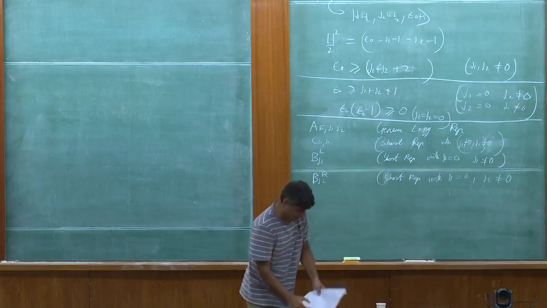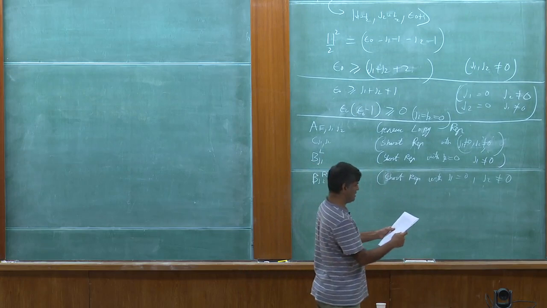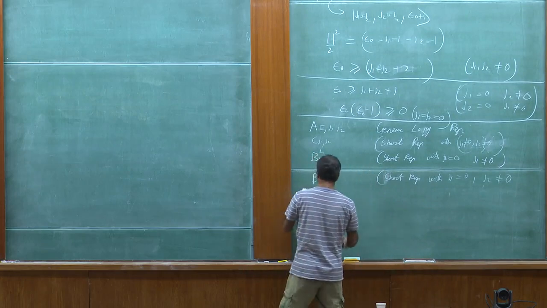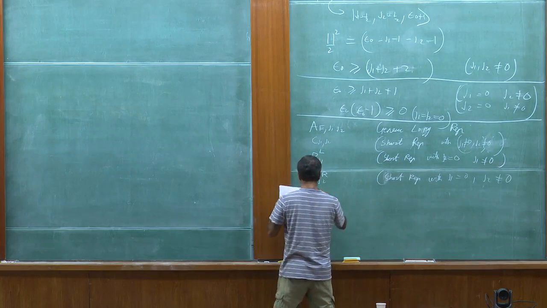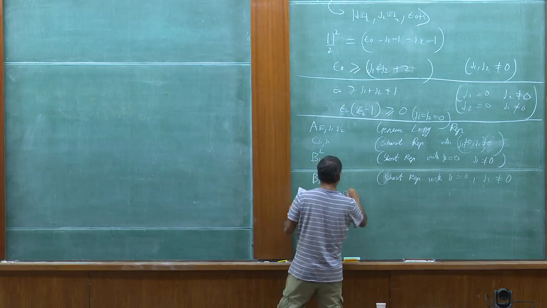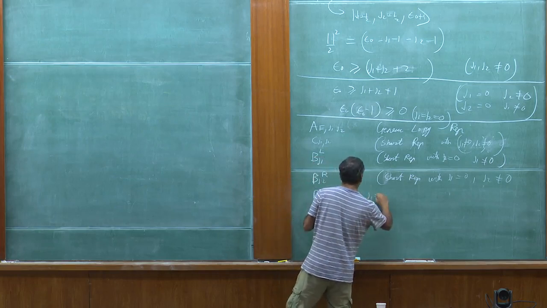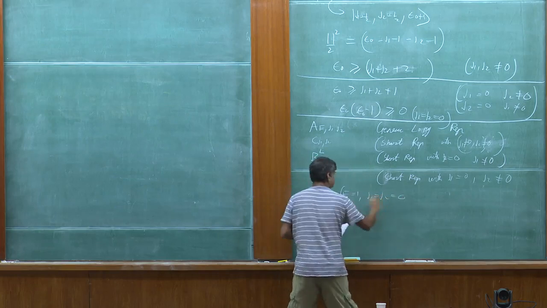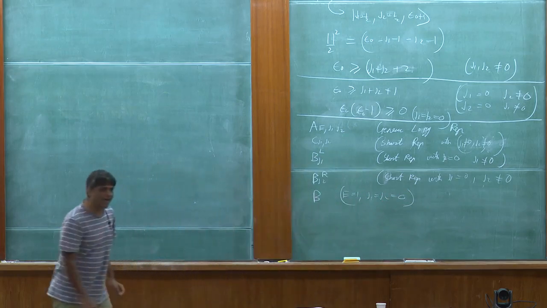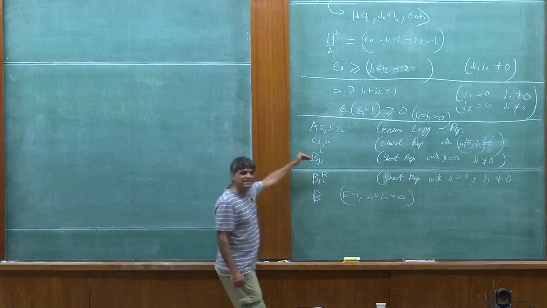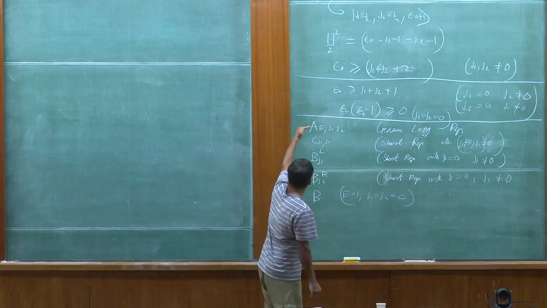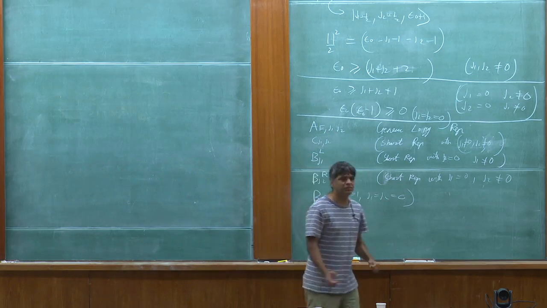And then finally, we define just B to be the short representation with J1 equals J2 equals 0. Apart from the vacuum E equals 0, which never enters in our analysis, so we won't give it a name, these labels cover every short representation of the conformal algebra.